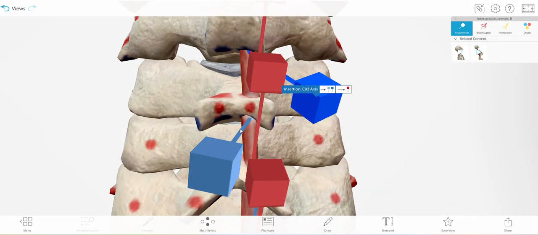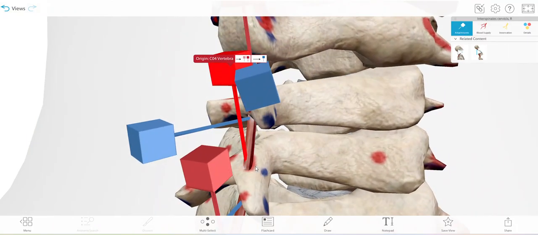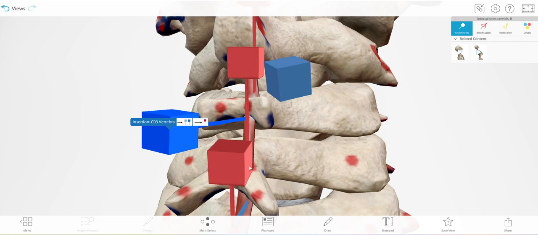So here we can see an origin right here, and then the insertion. So it's going to be intersegmented between each specific segments of the muscle.